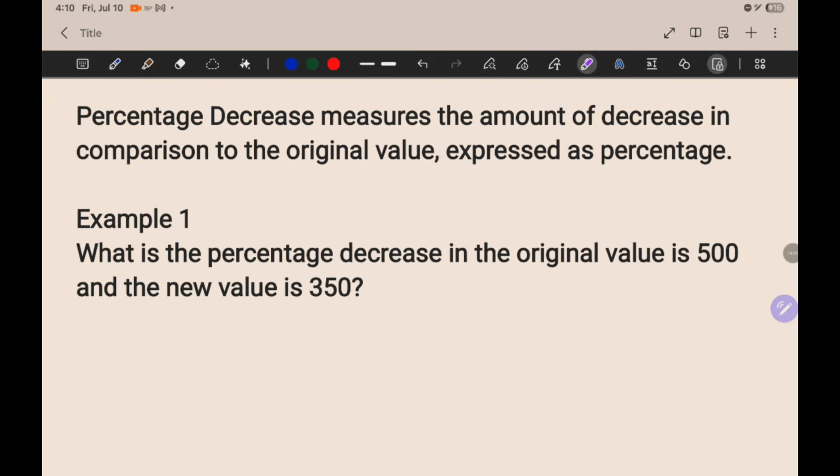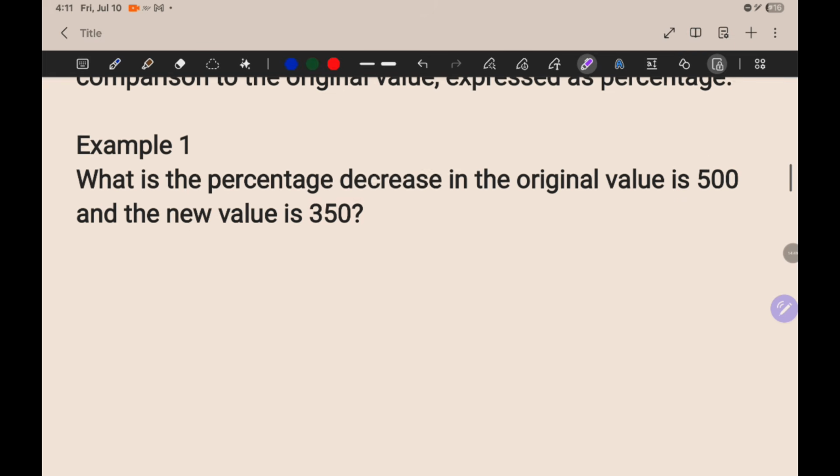It measures the amount of decrease in comparison to the original value expressed as percentage. So, based on its name or term, percentage decrease, ibig sabihin, bumaba or nabawasan yung ating original value. So, let's have our first example.